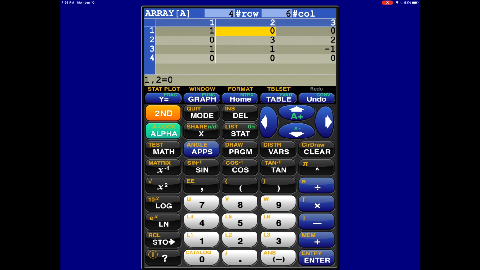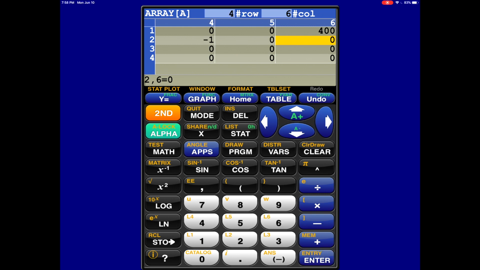So 1, negative 1, 0, 0, 0, and then 400. The second row is 1, 0, 1, negative 1, and then 0, sorry.